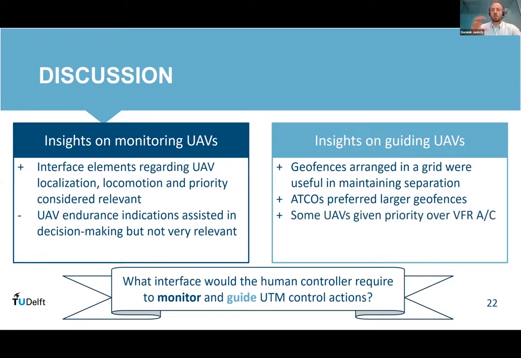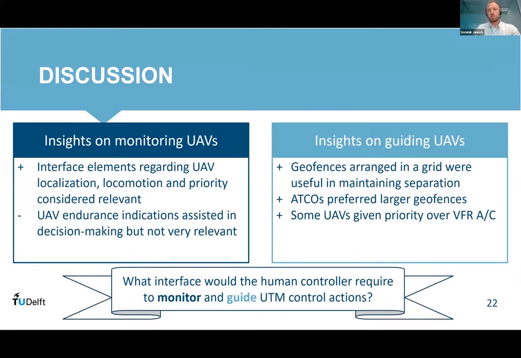And this is where we come back to the UAV priority color. This is really an insight that I wanted to share with you as well: controllers were actively interested in giving certain UAVs priority over manned aircraft. Now, this is also something that we weren't expecting. We were expecting them to just give priority to their own traffic and set aside the UAV traffic.